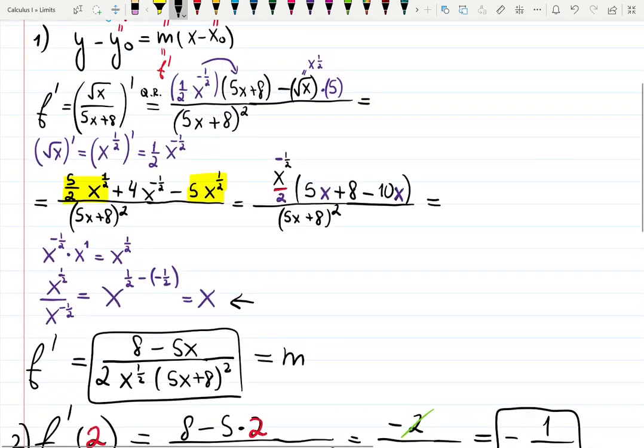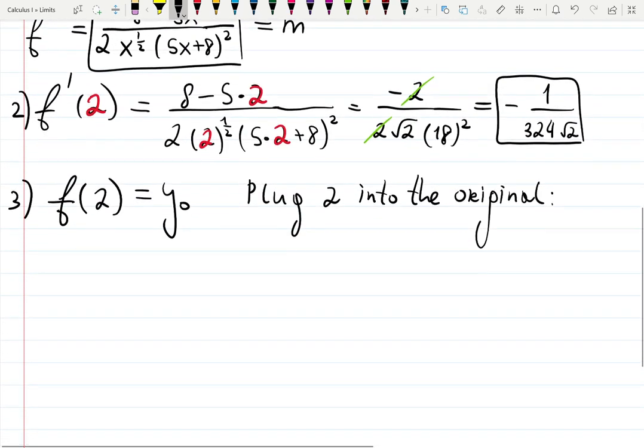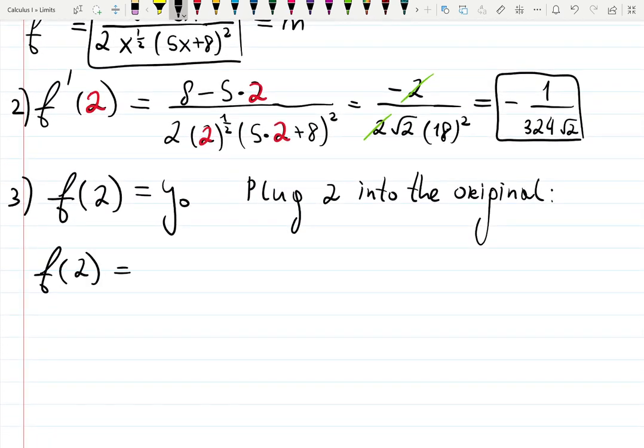The original function is the one with the square root of x over 5x plus 8. So f of 2 will be square root of 2 over 5 times 2 plus 8, which is square root of 2 over 10 plus 8, 18. That's my y sub 0.